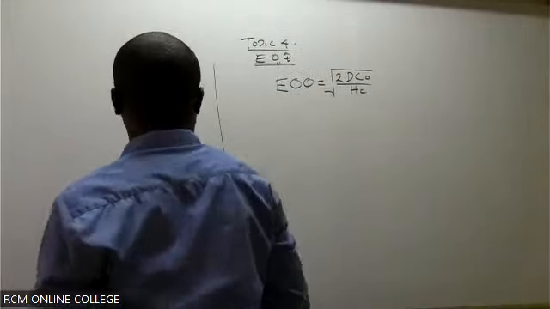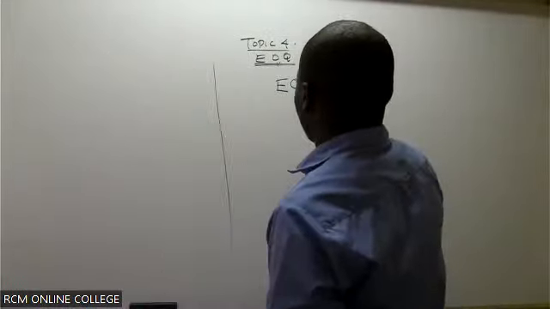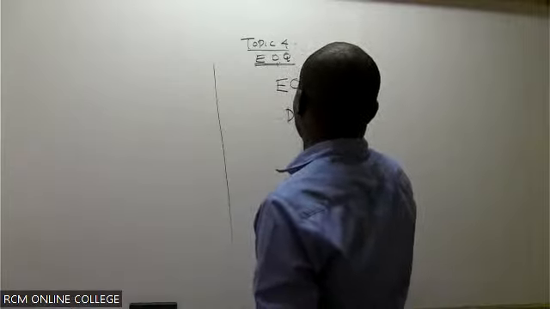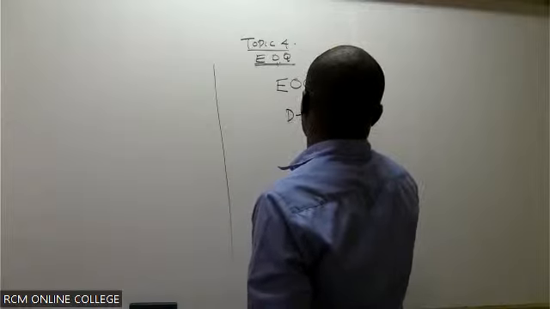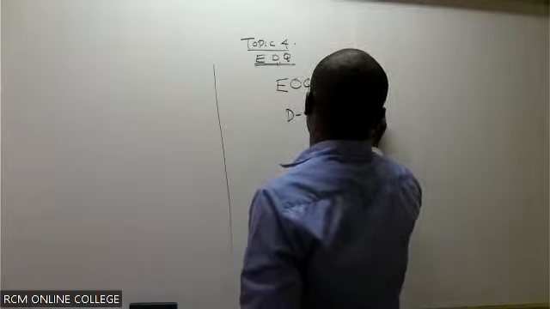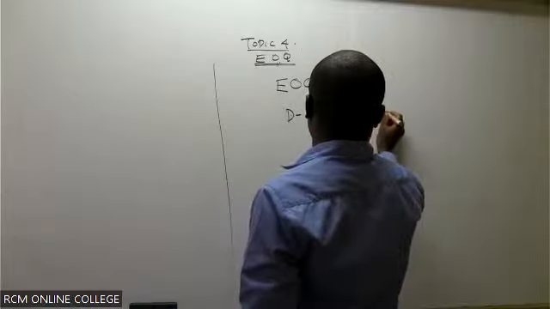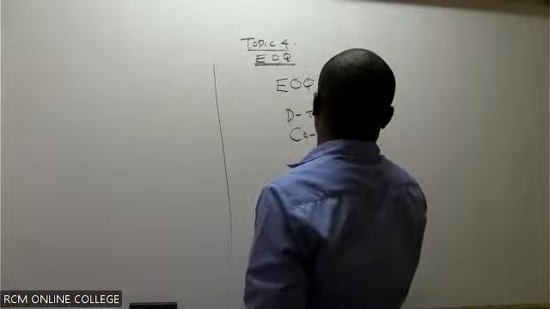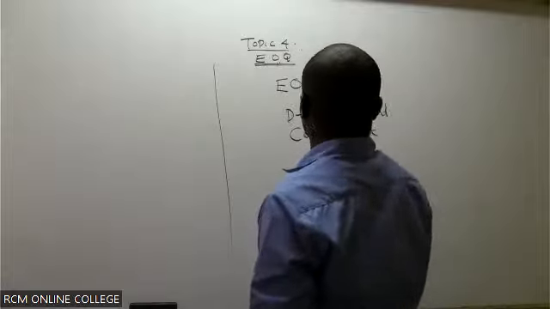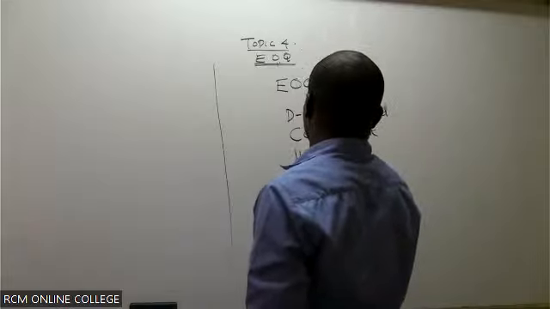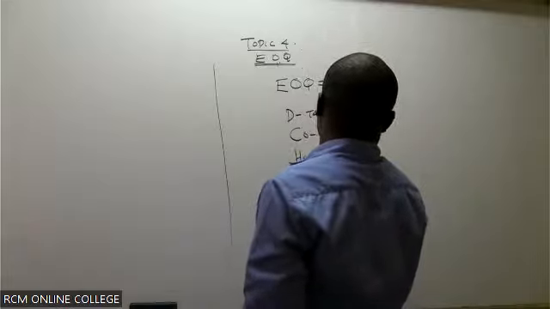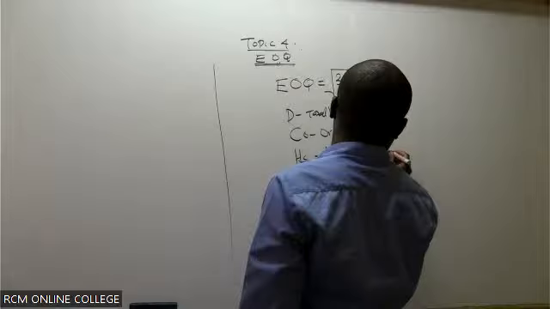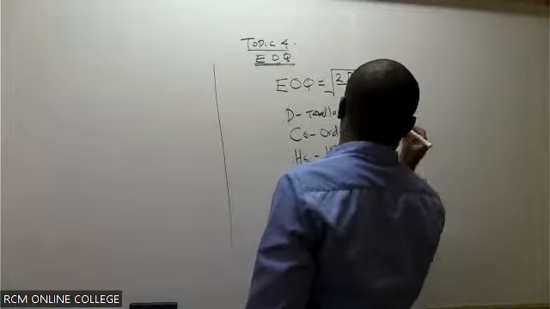So in your exams, get to understand that D is the total or annual demand, CO is the ordering cost, and HC here is basically the holding or carrying cost.